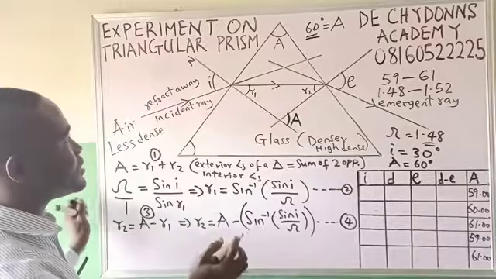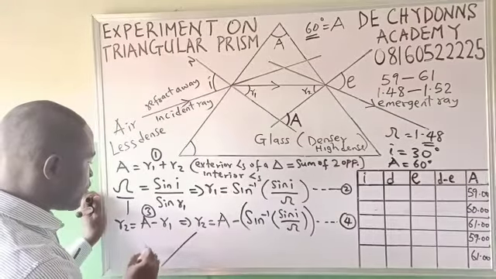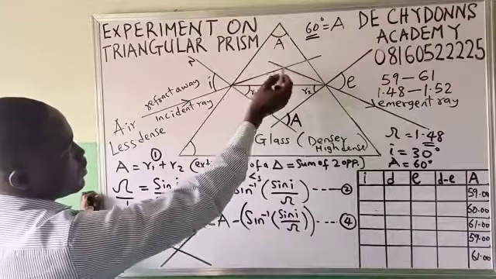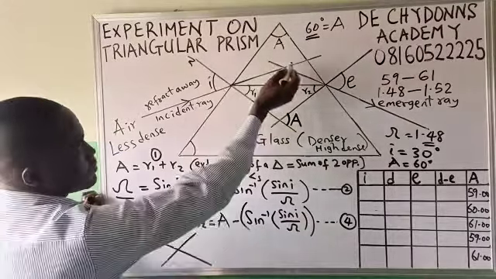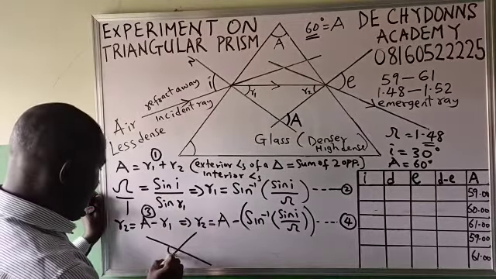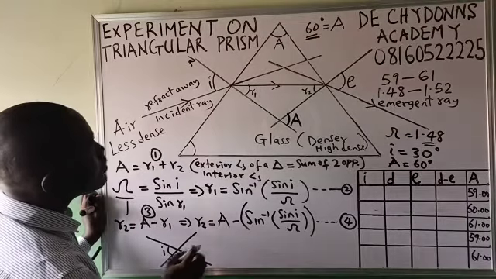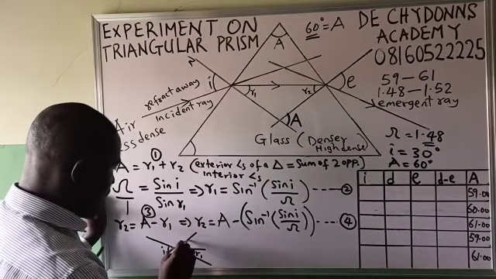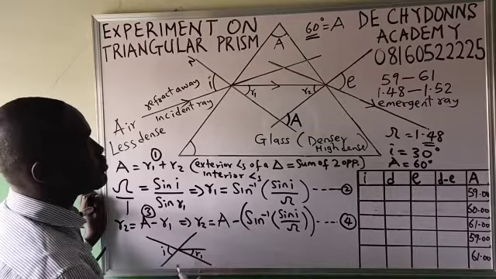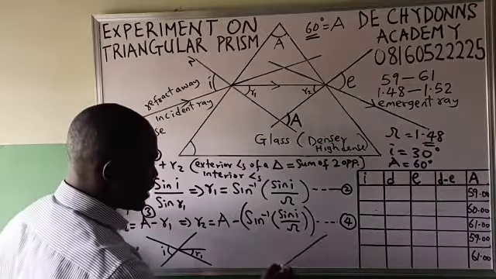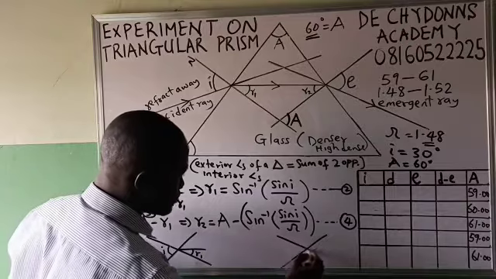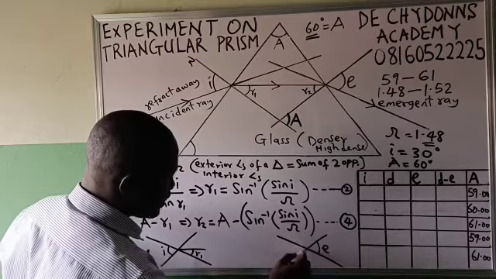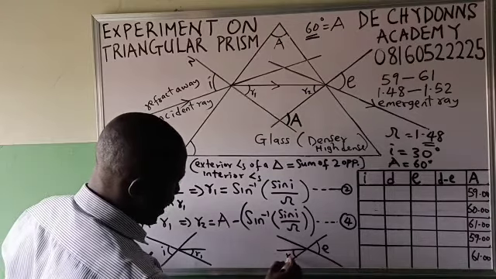Then from here, we remember that vertically opposite angles are equal. Follow my hand. Here is my I, then here is R1, and here I don't know the value. Then I come this side again. Here is my E, here is my R2.